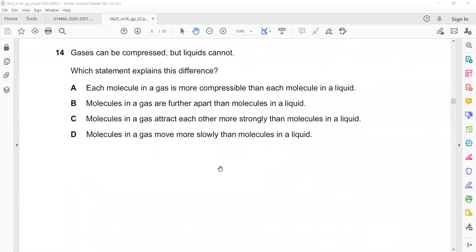Question 14. Gases can be compressed but liquids cannot. Which statement explains this difference?